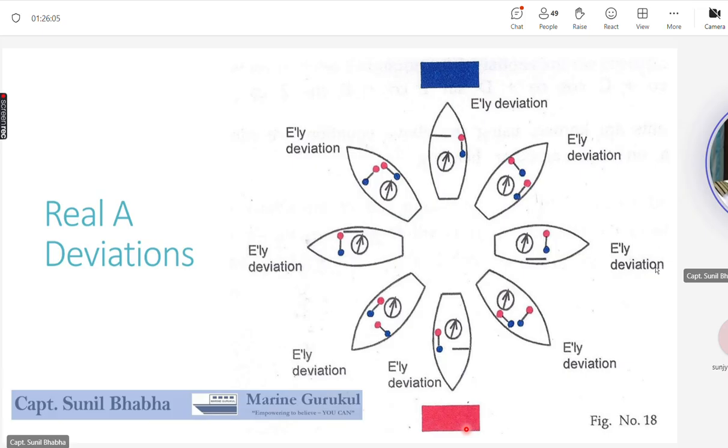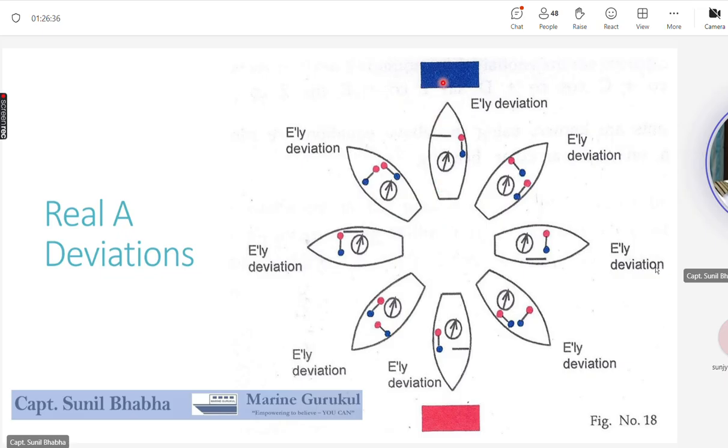Now we know that the magnetic lines of force come out of the red pole and go into the north pole. So in this particular diagram, you will see that the magnetic lines of force are going vertically upwards from the red pole to the blue pole of the Earth, going vertically upwards like this.